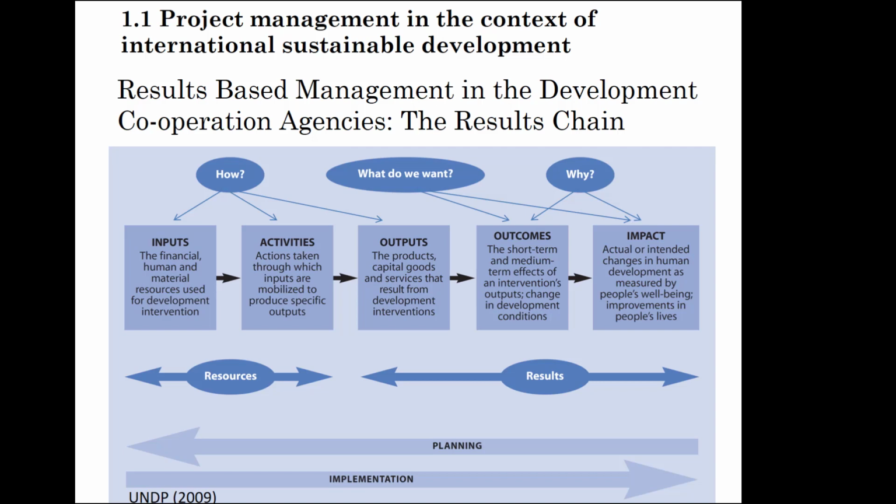Only after should we concentrate on the outcomes, which are basically the preconditions that should be achieved so that the goal of the project can be realized. And only after is the project concerned with what products and services, what outputs, we should produce to achieve these outcomes, which ultimately will contribute to the achievement of the goal.